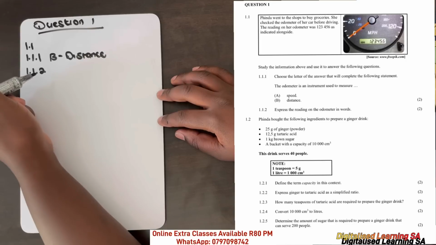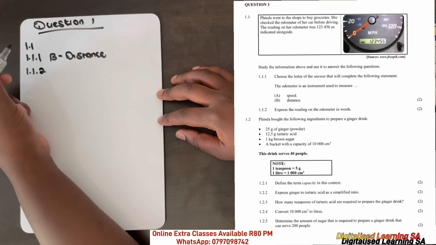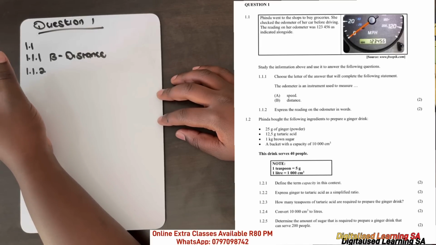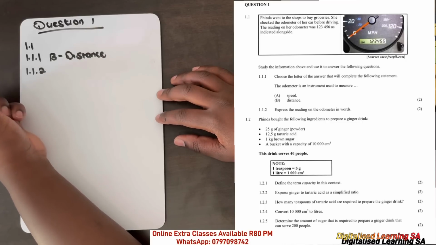Now let's move to the next question, which is question 1.1.2. It says: express the reading on the odometer in words. What does that mean? That means that we need to write 123,456 in words.